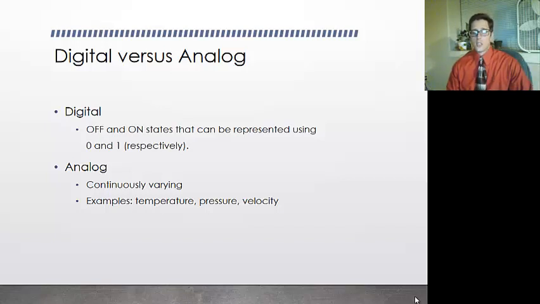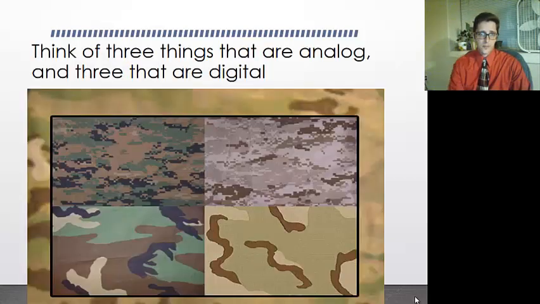It is actually on a spectrum, like the number system, infinity to negative infinity, you can continue forever. So there's no real end or starting point. Examples of this are temperature, pressure, and velocity.